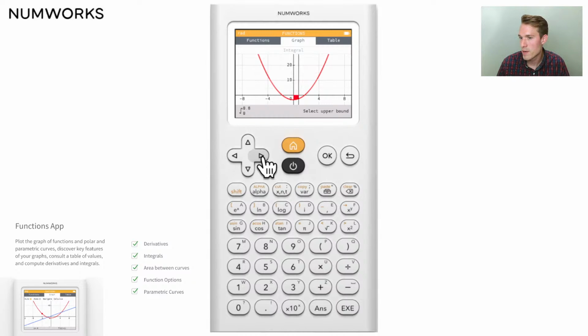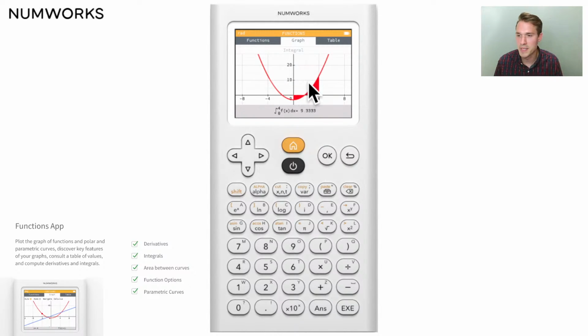I am going to hit this right arrow key because I love this visual where I can see the area under the curve. So I want to go from 0 to 4, and I end up with this great view of the graph with the area between the curve and the x-axis highlighted, shaded. I've got my expression here as well as my numerical answer. So I love this visual for integrals.